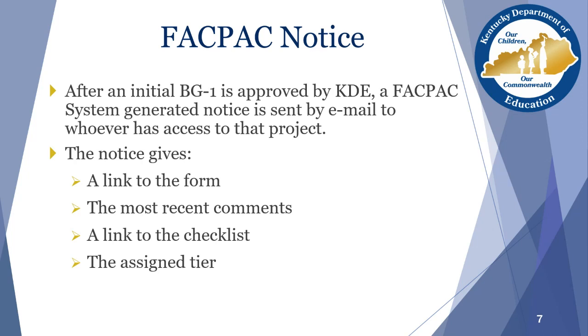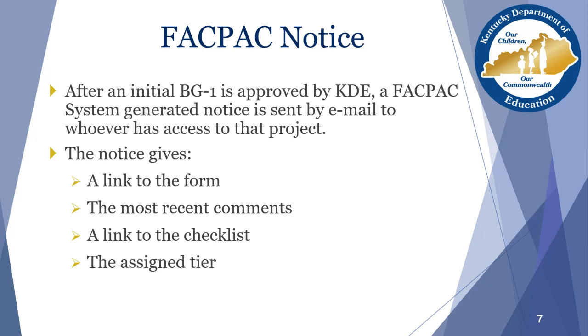Everybody that's assigned to that project will be given that notice. If you click on the link to the form, it brings you directly to that form. If you want to see something besides the most recent comment, when you get to the form, click on the tracking tab. It'll give you every comment that's ever been made about the project.